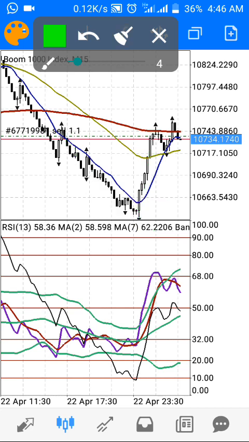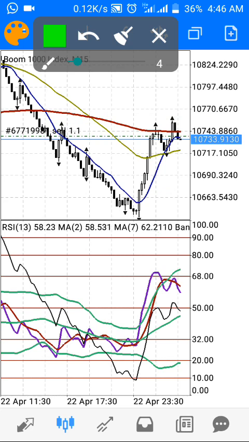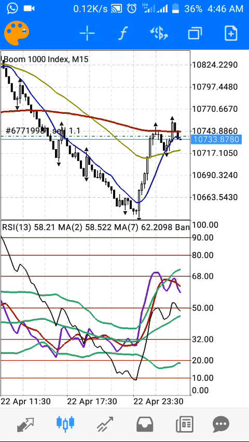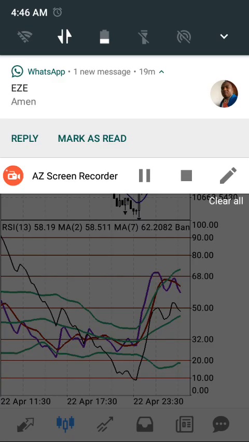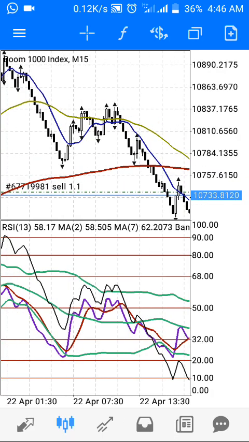Let's assume you make an entry here going up, then you know for sure that your take profit is going to be here. So you have a whole lot of assurance that it is going to get you what you need, and your stop loss will be under it. So this is how to identify your M and W formation on a chart. If you can identify this, you are a forex guru.